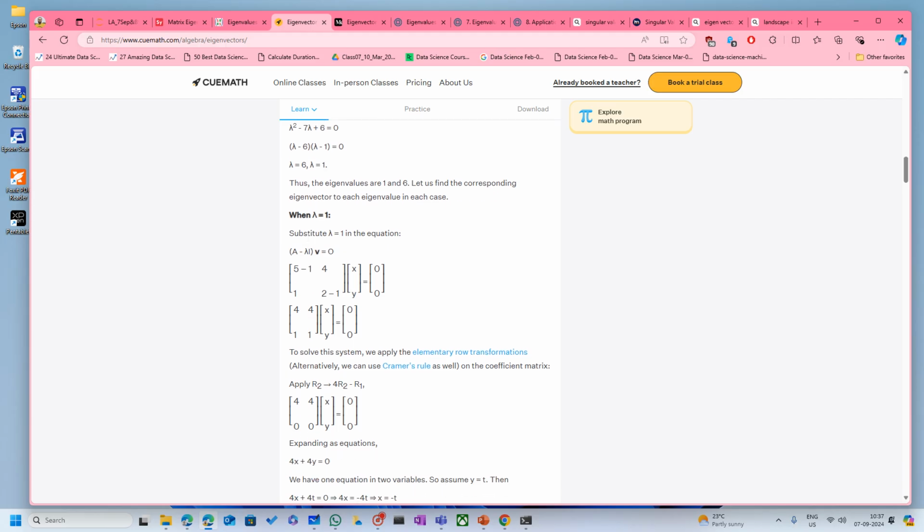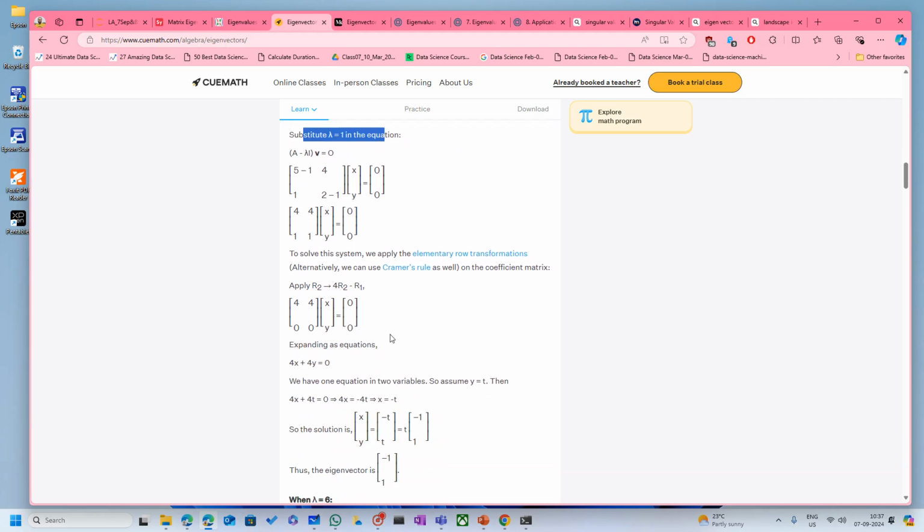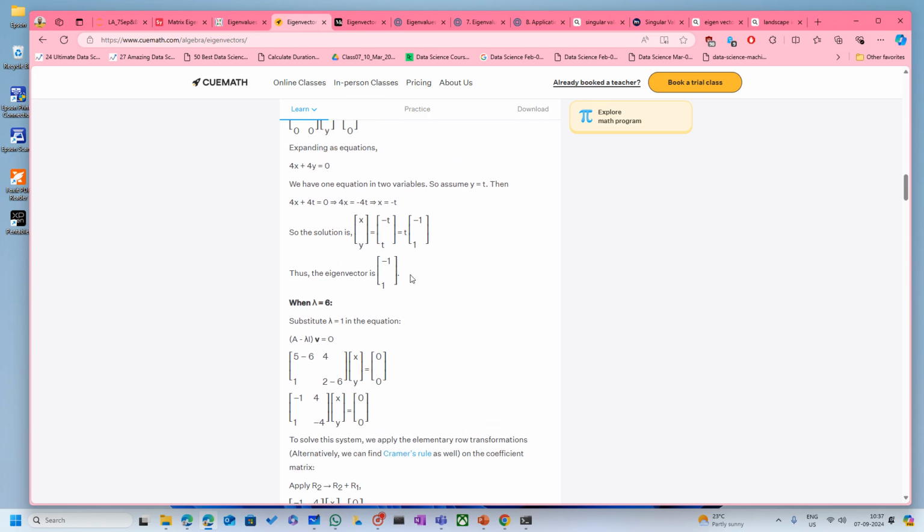When you substitute 1 in the original equation and do some transformation, you will get a certain vector which is your eigenvector. This is the vector that doesn't change. Only its magnitude changes, but its direction and other properties don't change; it retains the values.